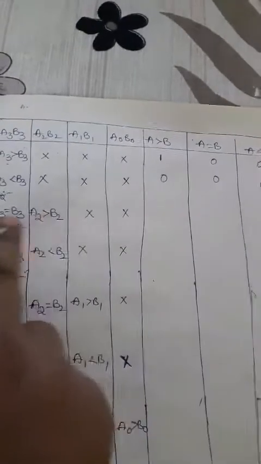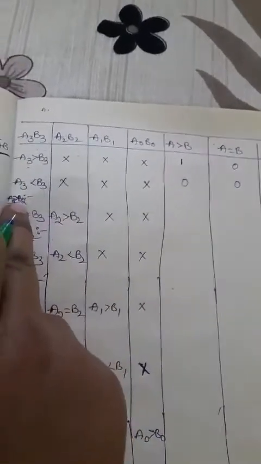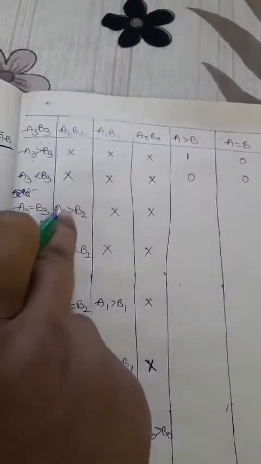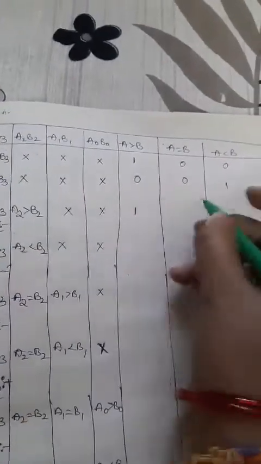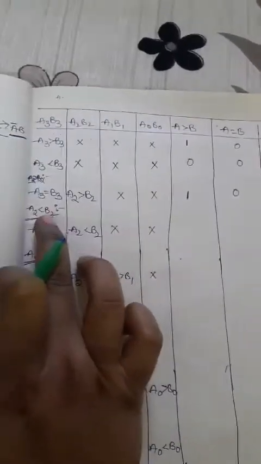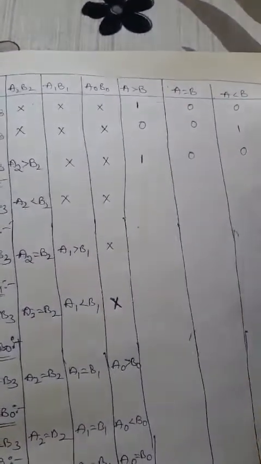Now coming to A2 greater than B2. We know that this is completely the greater than condition, so greater than will be enabled and the remaining will be false. Likewise, this is the less than condition. Whatever the condition is, less than, greater than or equal, you can check it, and that case will be enabled.